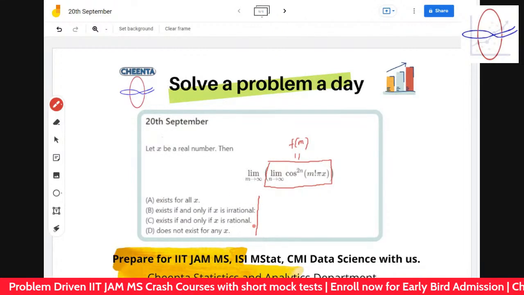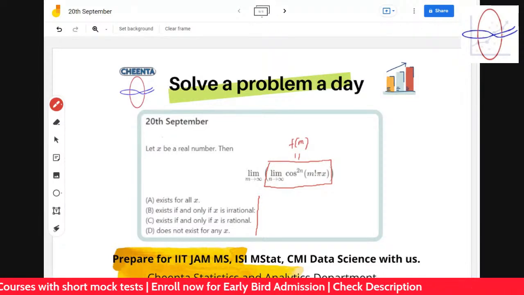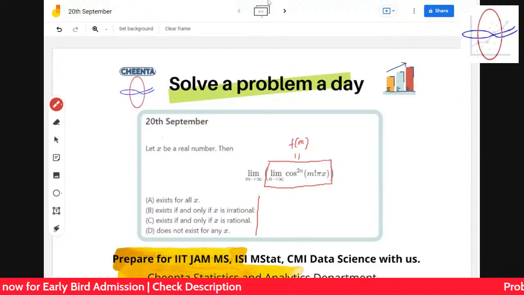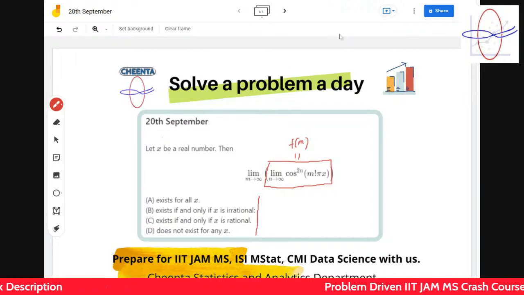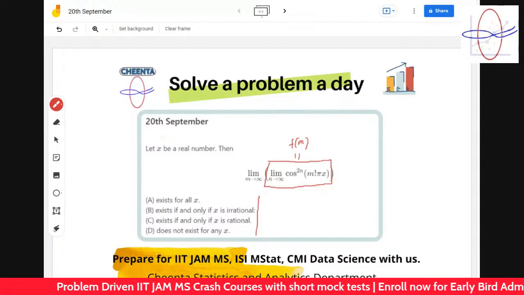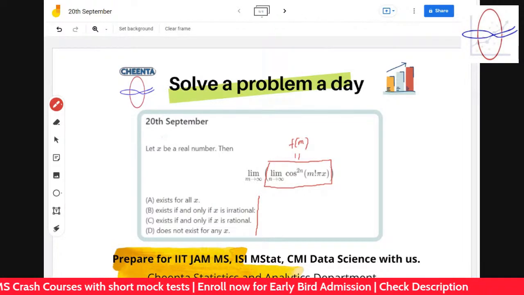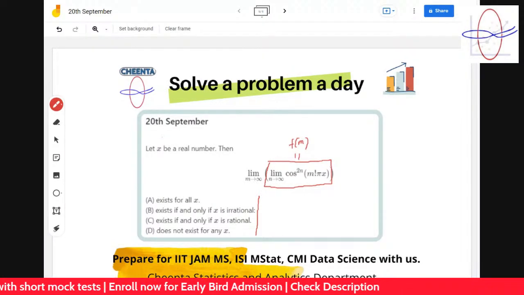Whenever options are given in your exam, the way to use them to your advantage is that you get a hint from the options. You can see that the direction you should think in is about assuming whether x is rational or not. The options are sort of throwing this hint at you, and this is the hint you need to use for the solution.